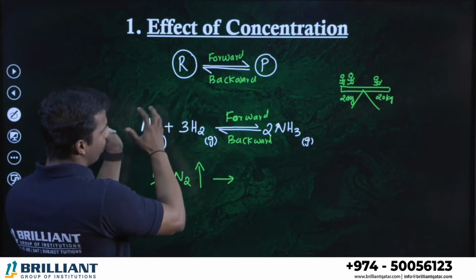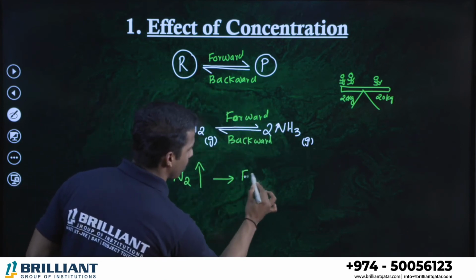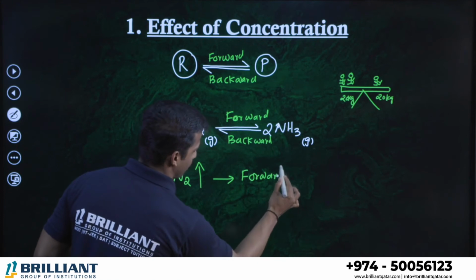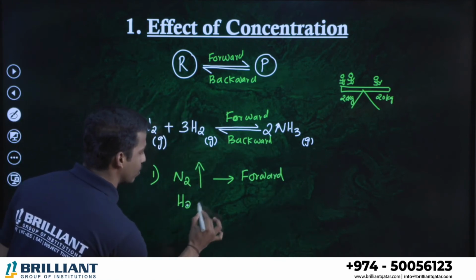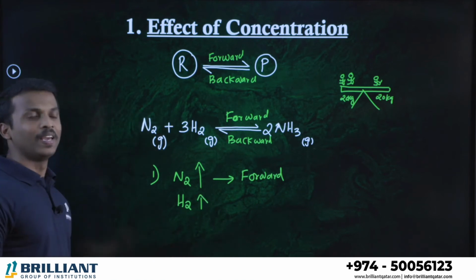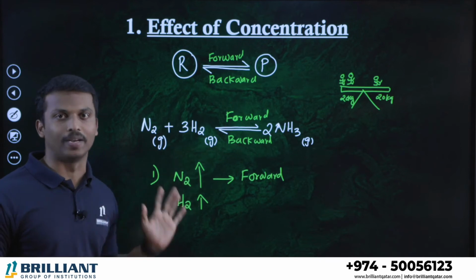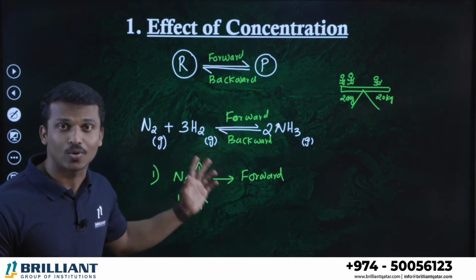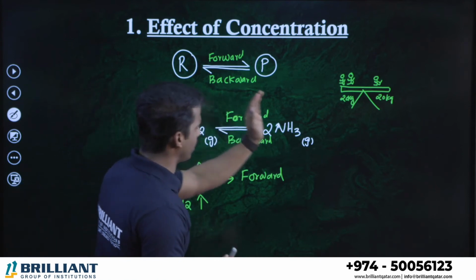The reaction starts to move from left to right, which means which reaction will take place? The forward reaction takes place. The same thing happens when you add a greater concentration of hydrogen. If you increase the concentration of hydrogen also, the same thing is going to happen, yes or no? Because hydrogen is also one of the reactants. When reactant concentration increases, the forward reaction takes place.